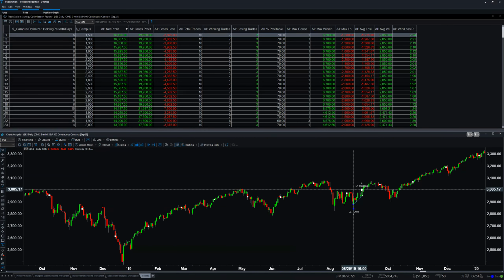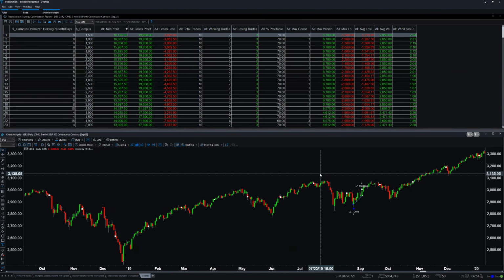Okay, so how would you do the same thing for Nasdaq and Dow Jones? It's exactly the same process with exactly the same pre-optimized stop losses. So use $2,500 as a pre-optimized stop loss for all equity indices and go through the same process, as anyway, you'll get very similar results on your optimizations.